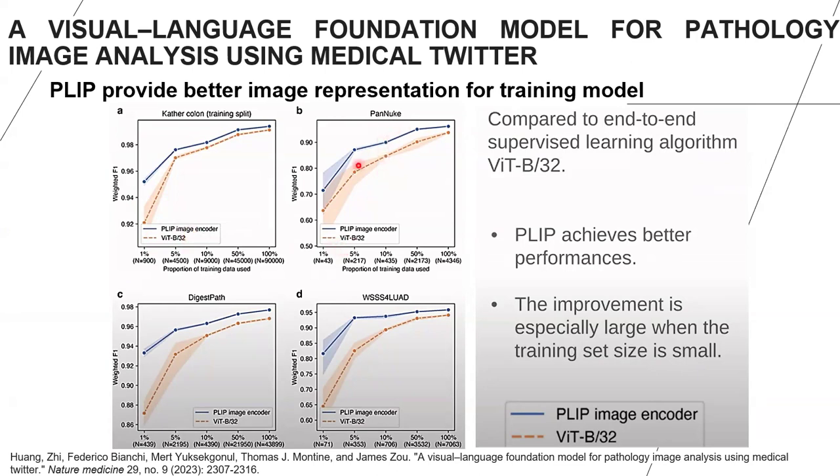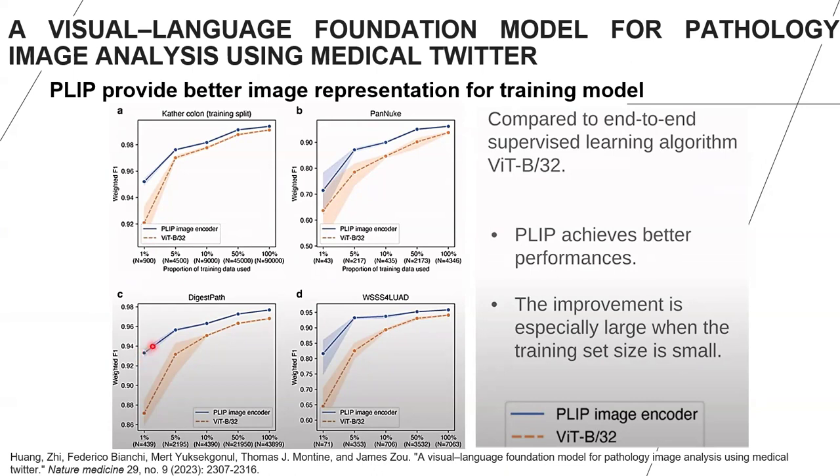Similarly, for the PanNuke dataset they have used 1%. Vision transformer is performing 62%, while PLIP for 1% data is performing 70%. Same is the case for DigestPath. We see that with 1% of training, vision transformer produces approximately 87%, while on a similar sampling rate, we observe that the PLIP model performed 93%.